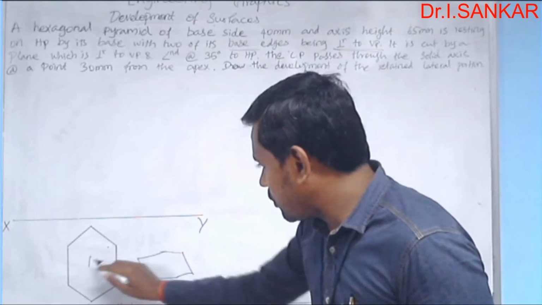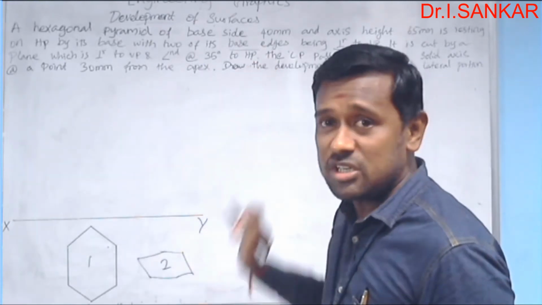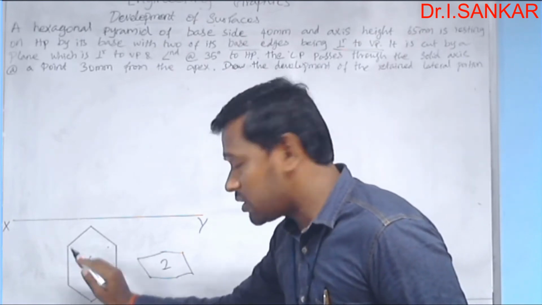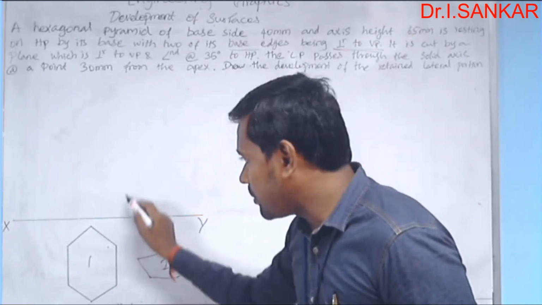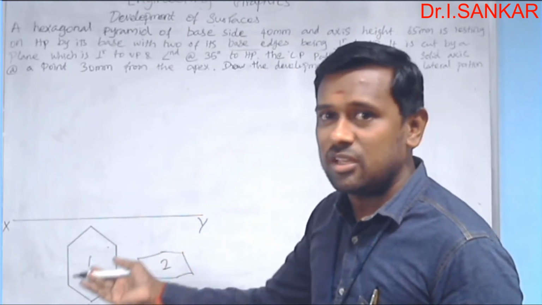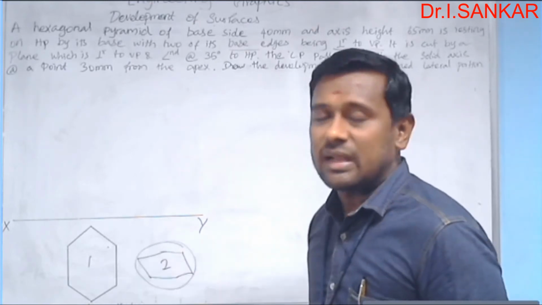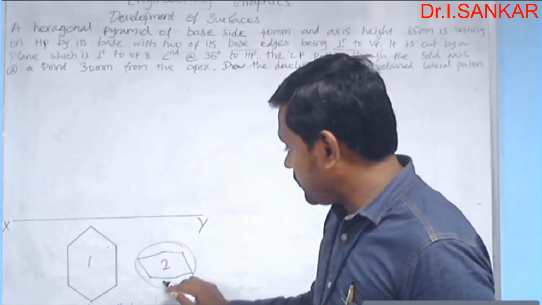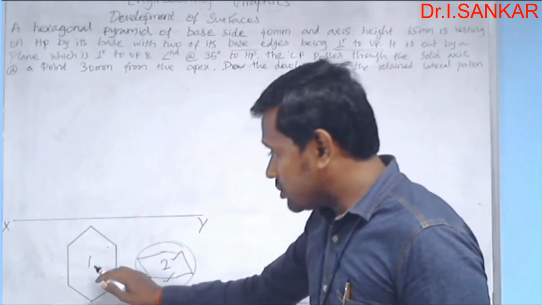Out of the choices 1 and 2, which choice is apt for this question statement? The first one. Here you can see 2 base edges, this one and that one, are perpendicular to the vertical plane. I am maintaining them perpendicular to XY, that is nothing but perpendicular to VP. And here you can't find that constraint, maybe two of the base edges are parallel to VP. It's not within our scope. So this choice is correct.